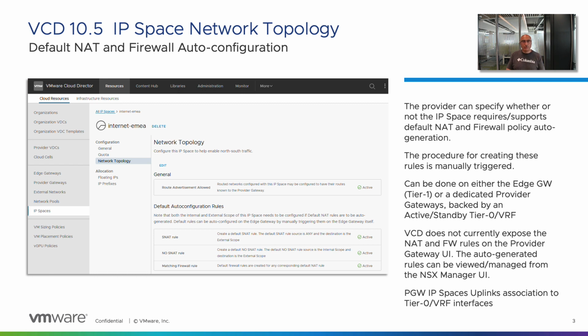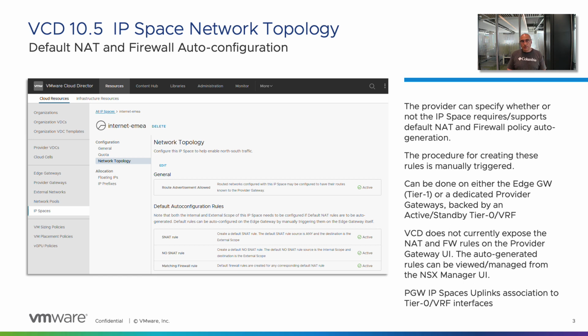The procedure for this auto configuration is manual, and it can be done on the edge gateway that is connected to a provider gateway with these IP spaces and this functionality enabled. But it can also be done on a private provider gateway that is backed by an active-standby tier-0 gateway or VRF.